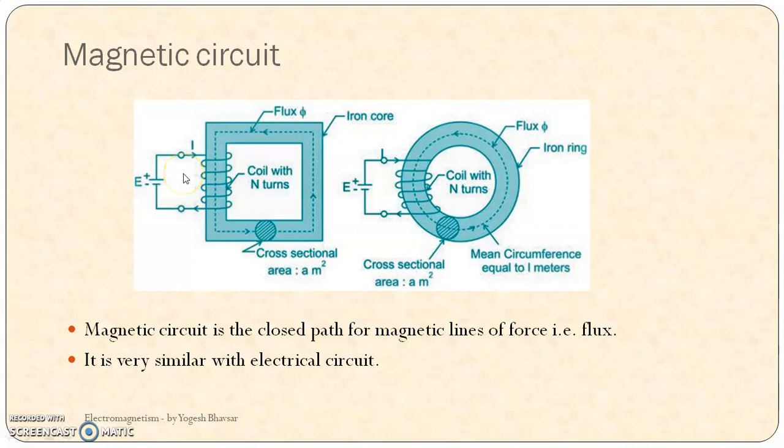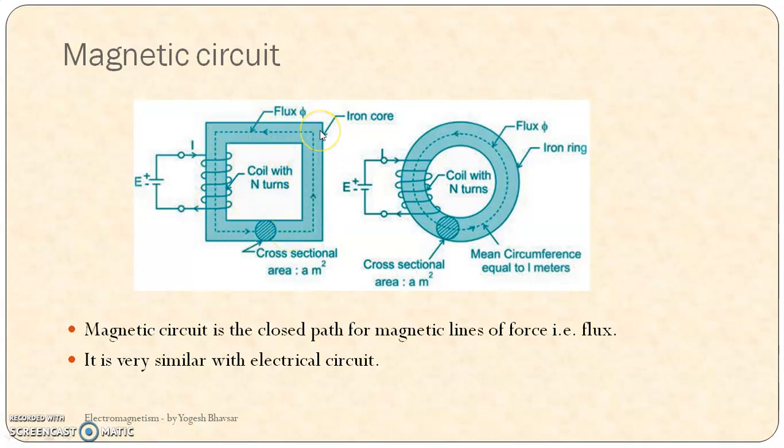This is due to the MMF, magnetomotive force, which is given by N into I. This sets up the magnetic flux inside the iron core as well as around the conductor. The dotted line shows the magnetic flux phi, which completes its path through this iron core. So we can say the flux is flowing through this core.